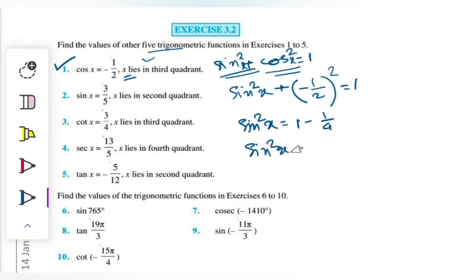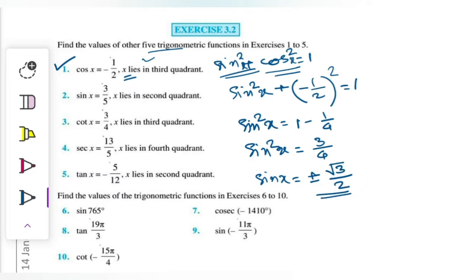Sin square x equals 4 minus 1, that is 3 by 4. Taking the square root on both sides, we get sin x equals plus or minus root 3 by 2.